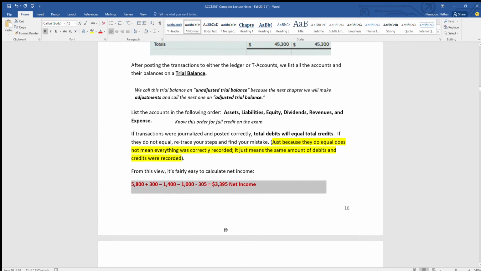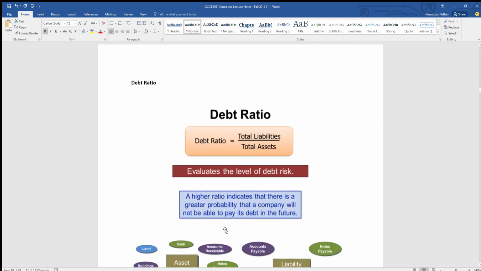So with that, we end up with our ratio. Yay, ratio! We love ratios. So our debt ratio, again, basically wants to see, can we pay our debts? Are we too high?